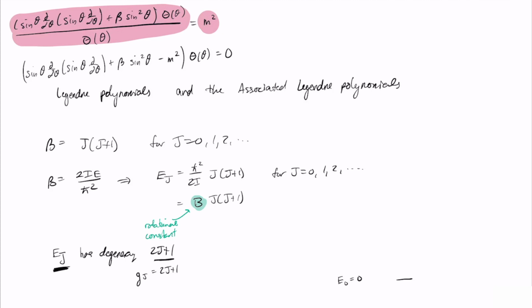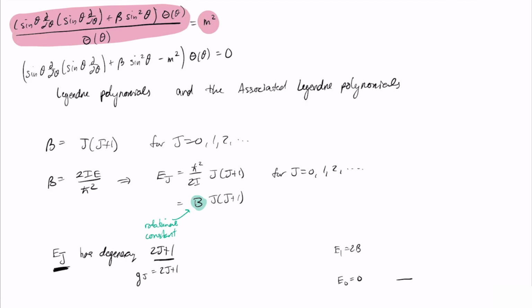And then at E1, you put j equals 1 into this equation here, then you should have that this is equal to 2 times B. And if you put j equals 1 into the formula for the degeneracy, then you should get that this is equal to 3. So g of 1 is 3.